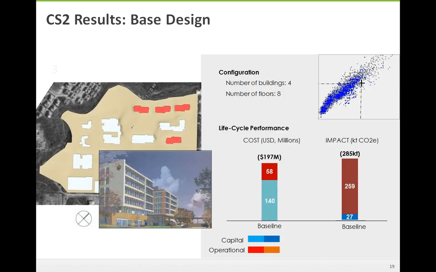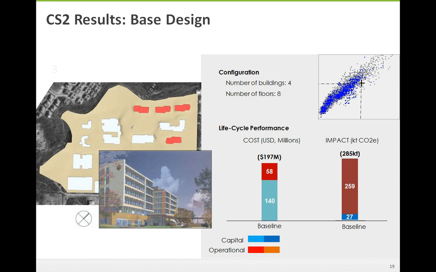So here's the baseline, about 200 million in capital costs, and then there's the carbon footprint. What's a bit unique about these charts is that the colors correspond to how much of the cost is capital cost versus operational. In terms of carbon, the embodied energy of the materials is roughly 10% of the total life cycle carbon footprint, and that's typical for buildings in general.